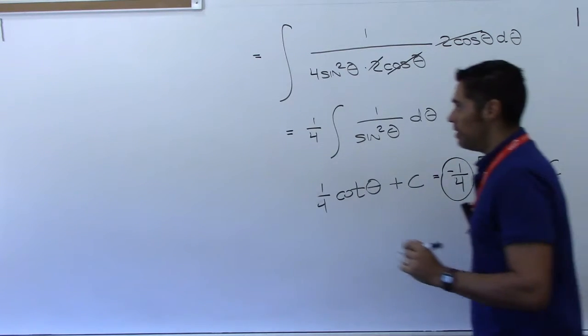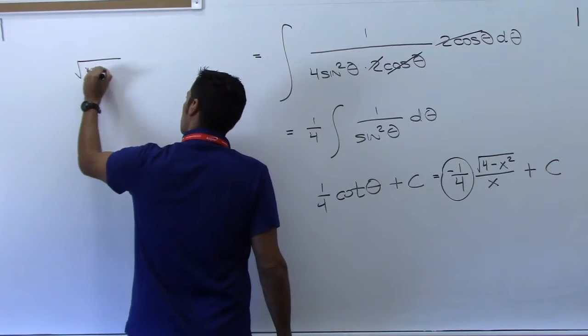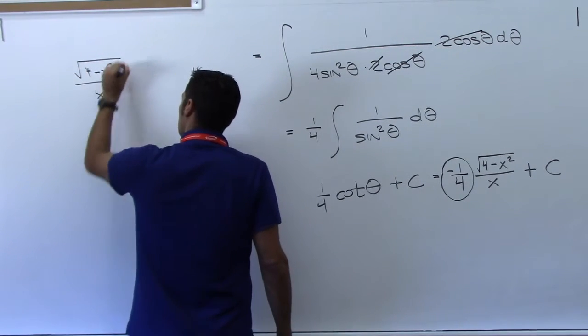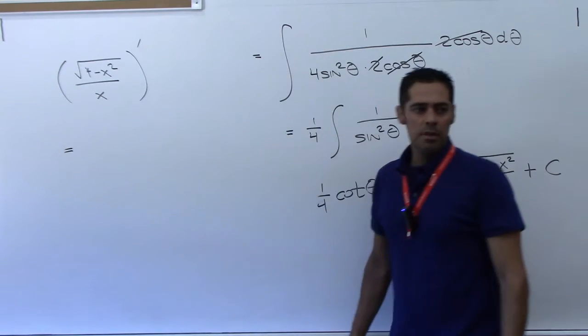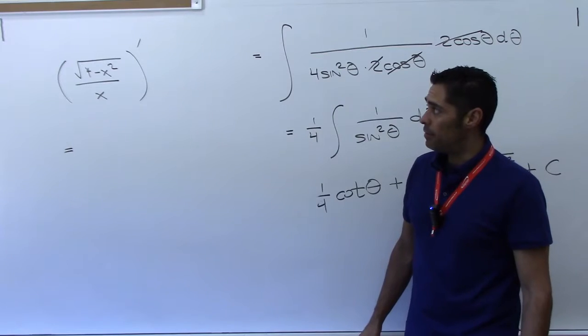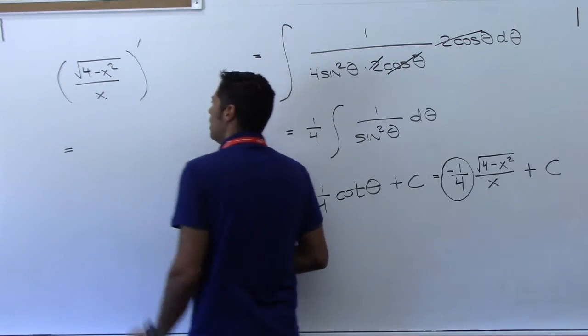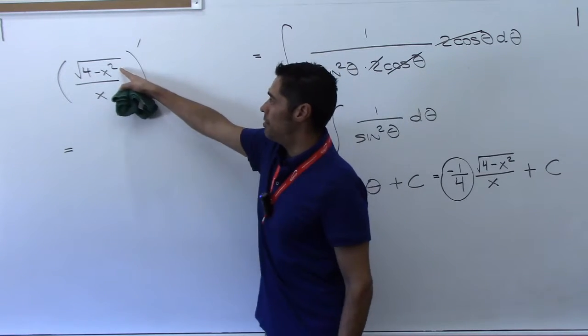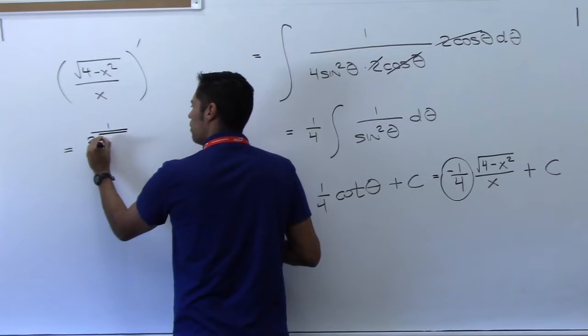Let's take the derivative of this. So I have square root 4 minus x squared over x. I'm going to take its derivative, which means I'm going to use the quotient rule. The derivative of the top comes first. The derivative of the square root of something is 1 over 2 times the square root of that something.